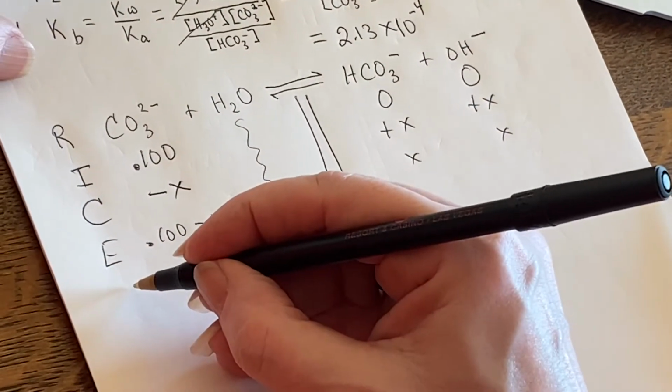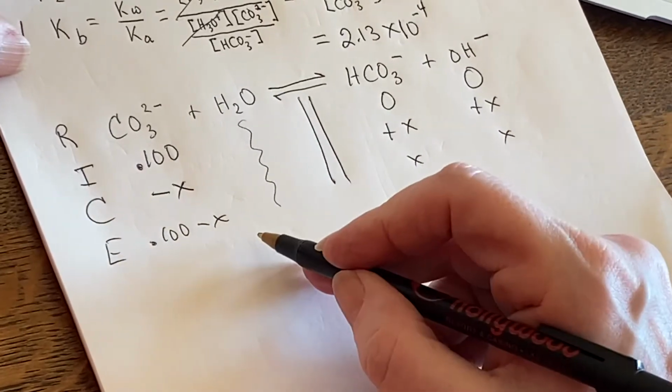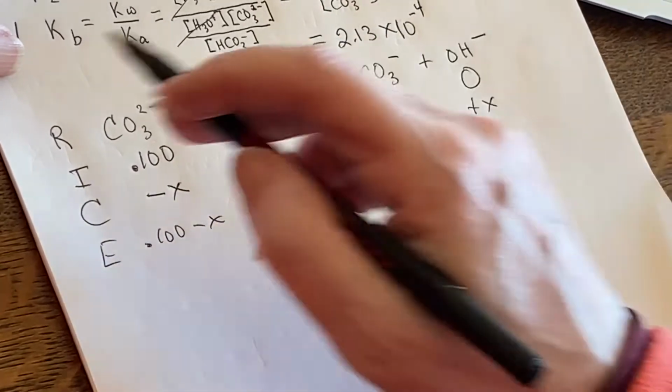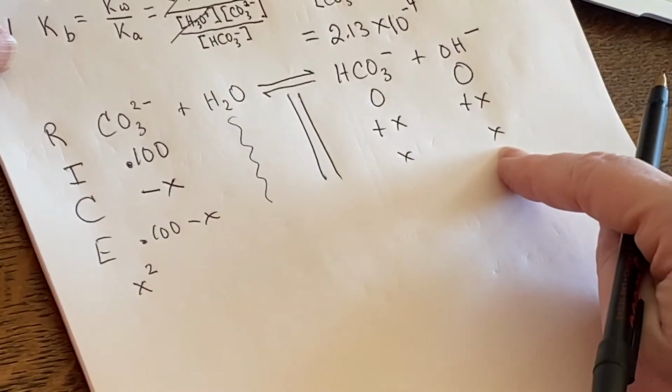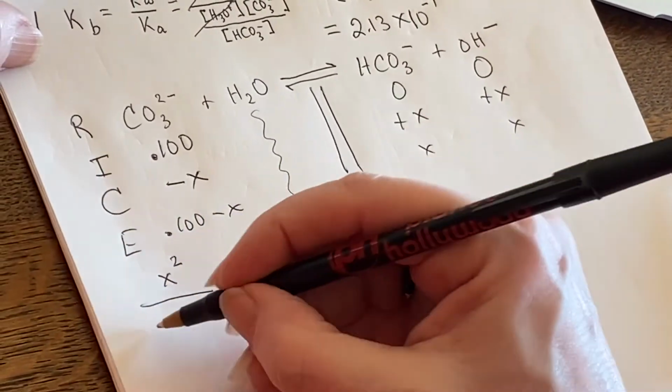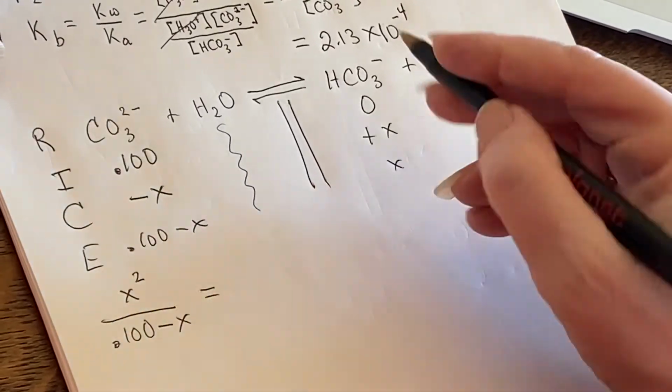This will lead us to saying, if I want to express this as the equilibrium constant Kb, that I'll have x squared over 0.100 minus x equals the Kb.